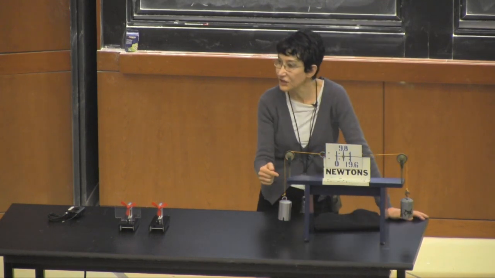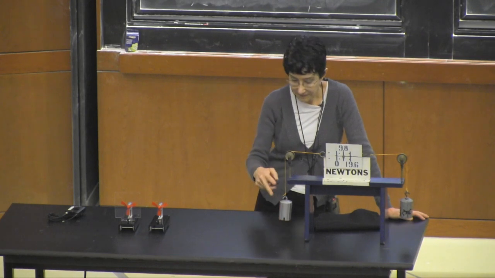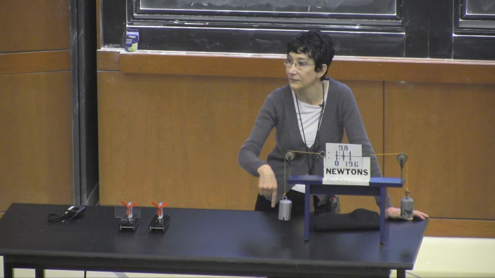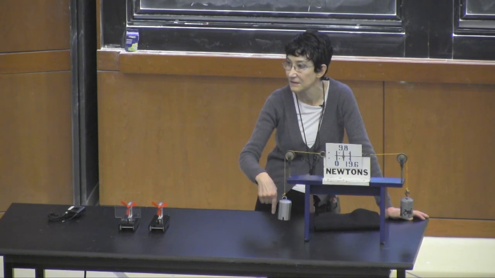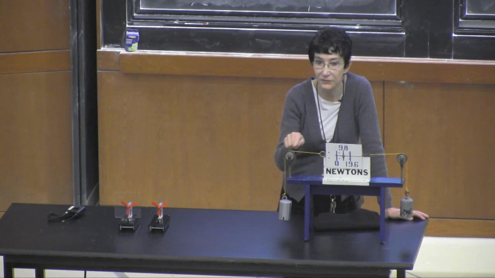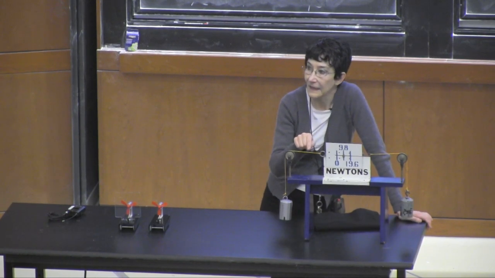So what is the tension? Here is the force of gravity. This body is again in equilibrium, so the tension has to be equal to the force of gravity, which is mg, right? So what is the tension here? Pushing to the left is mg.